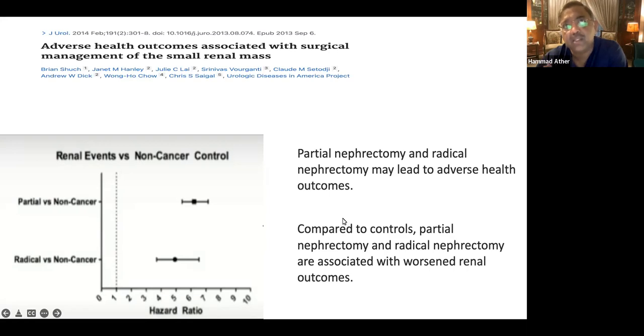So the kidney cancer itself, besides all the other factors that we have talked about, including contrast, puts patients at risk of end-stage renal disease and CKD. So this is an important consideration, and we need to remember this.